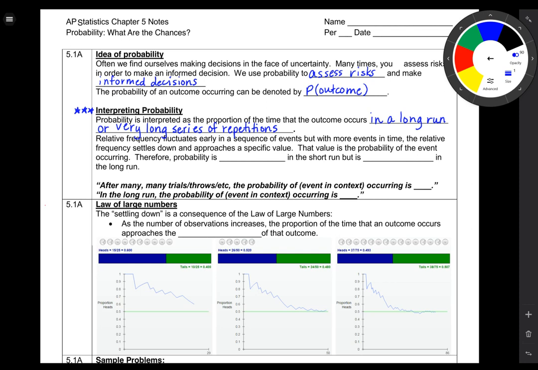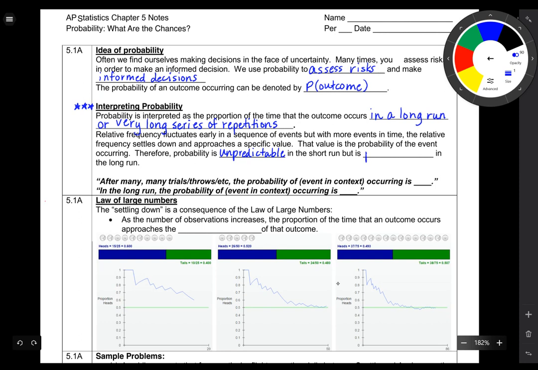Therefore, probability is unpredictable in the short run, but it is predictable in that long run so that you do approach that theoretical probability.